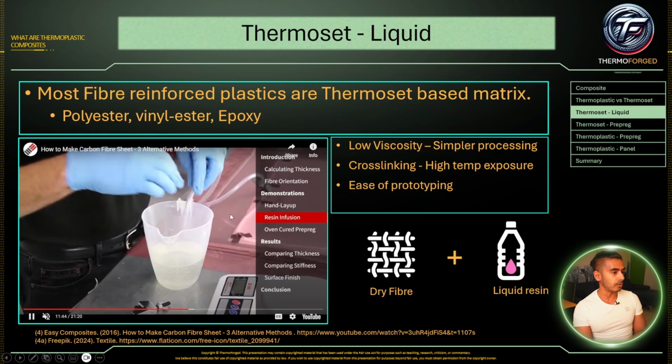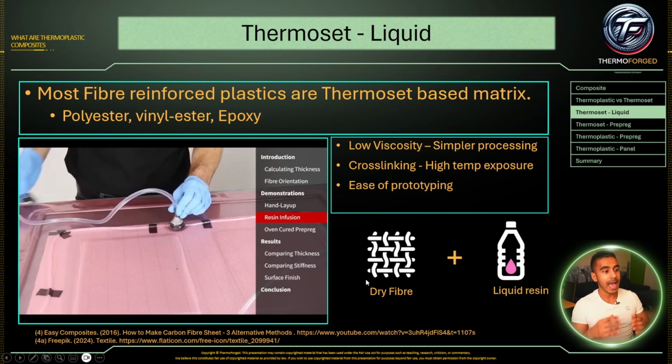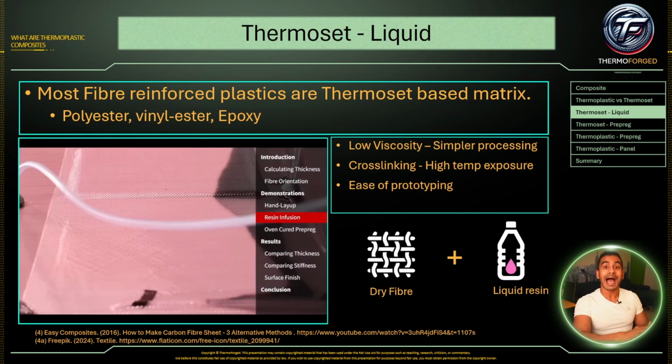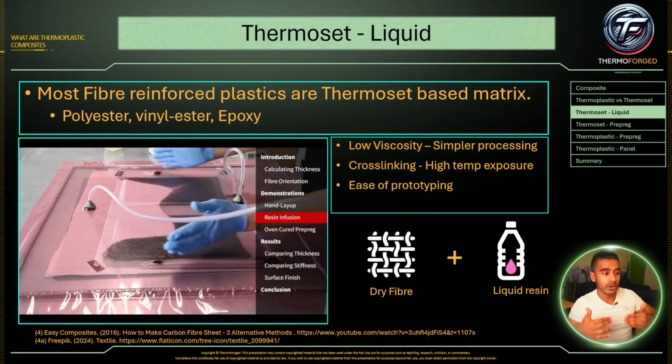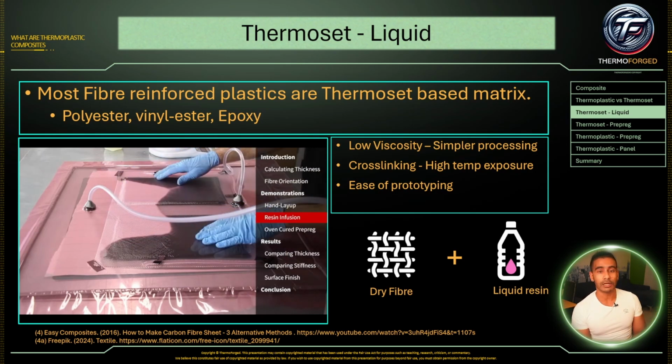What's interesting is that you have a tool under vacuum, and because this material is so low viscosity, it is getting pulled as a liquid under vacuum, slowly flowing through the tool and impregnating that particular material.